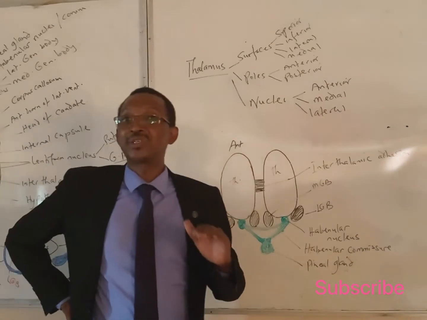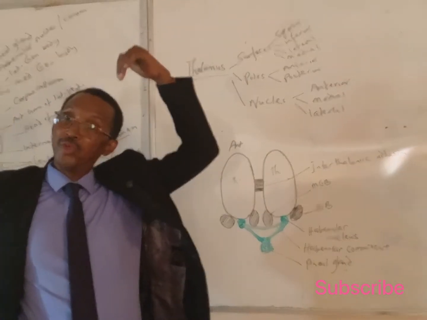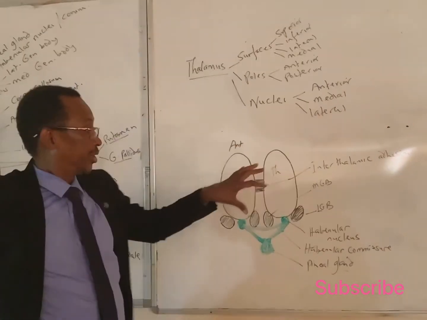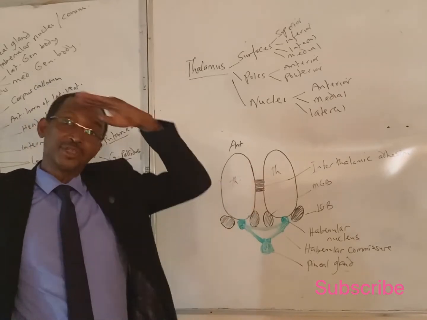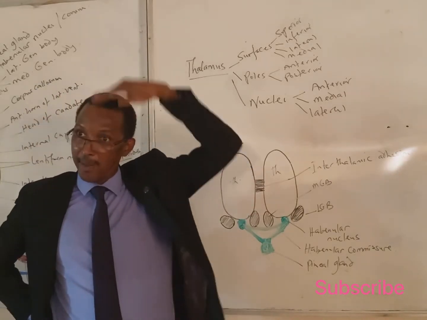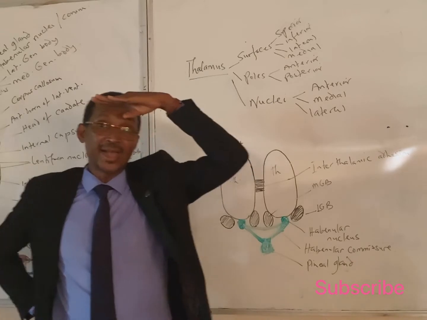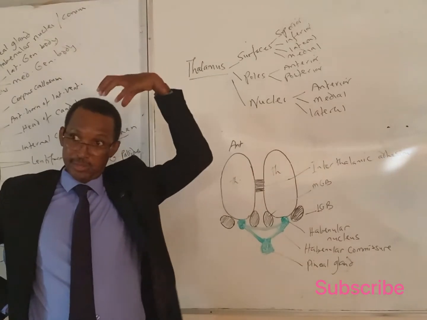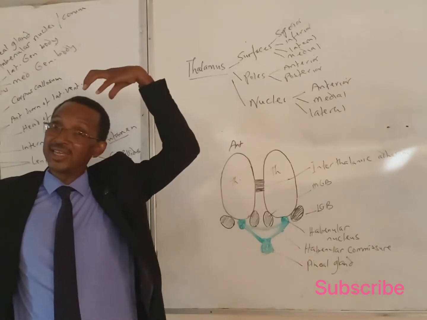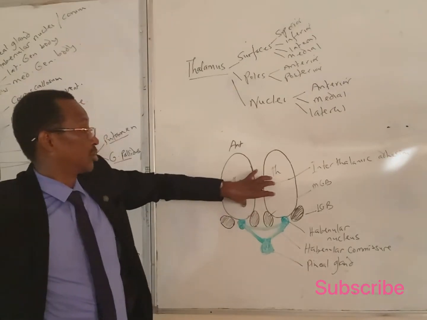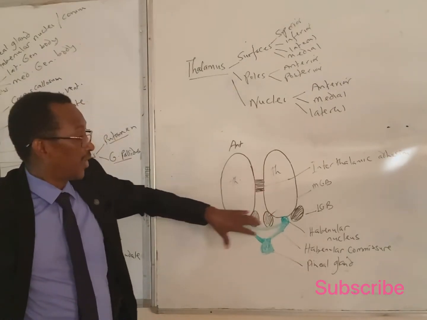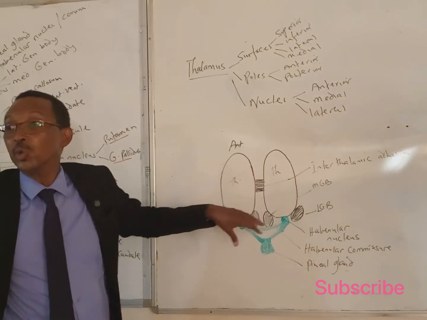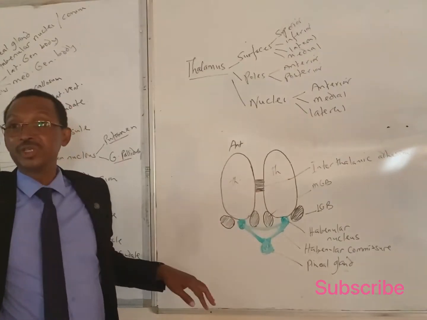So if we now take a superior view of the two thalami, that means if I open the cranium up and cut across the cerebral hemispheres and remove the cerebral hemispheres of either side and expose the two thalami and their accompanying nuclei, that is what I'm going to see.